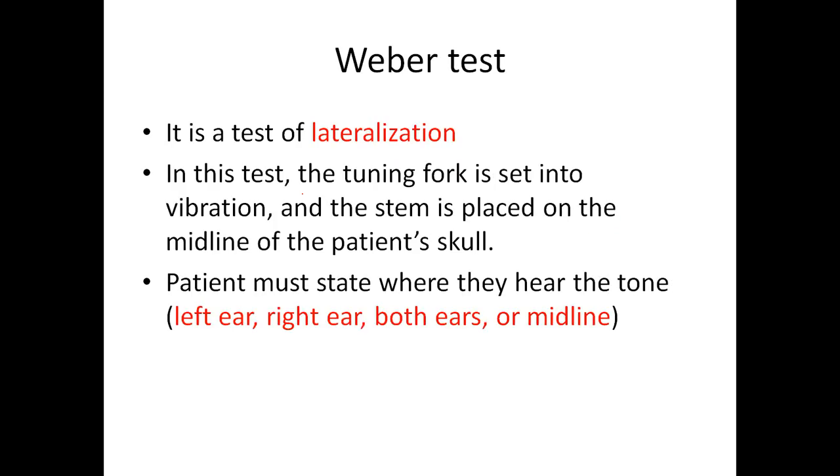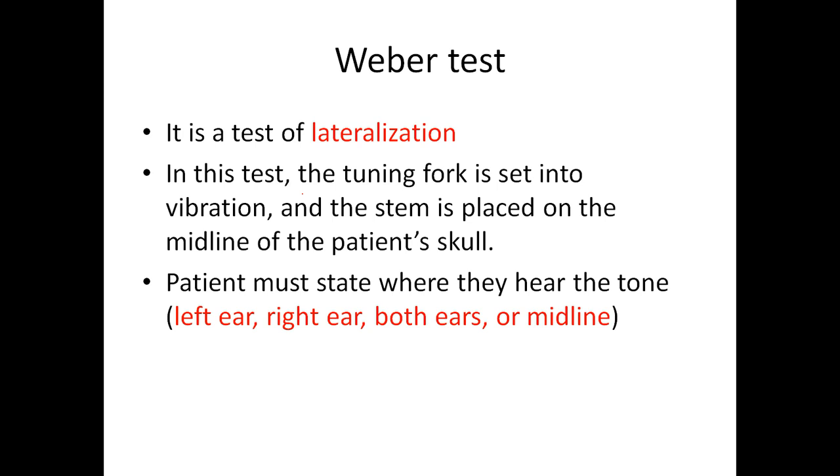Now Weber test. Weber test is a very important test and it is routinely used in clinics. It is a test of lateralization. So in this test, the tuning fork is set into vibration and the stem is placed on the midline of the patient's skull. So here it is important, we are not testing the right ear or left ear.